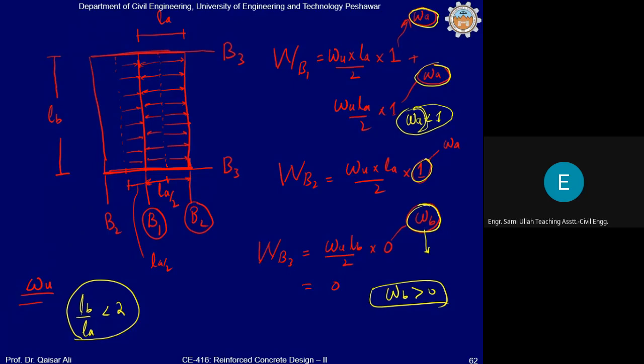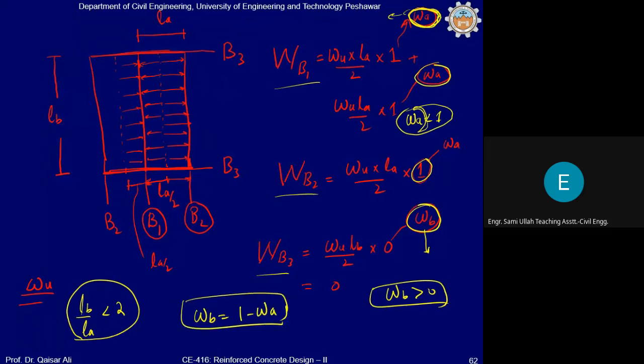This was the summary of this lecture. What will we do in this lecture? Load transfer coefficient tables are given, and there is only one table for this load transfer along the shorter direction. WA will be calculated from the table, and from WA you can also calculate WB1, WB2 and WB3, because WB will be equal to 1 minus WA.